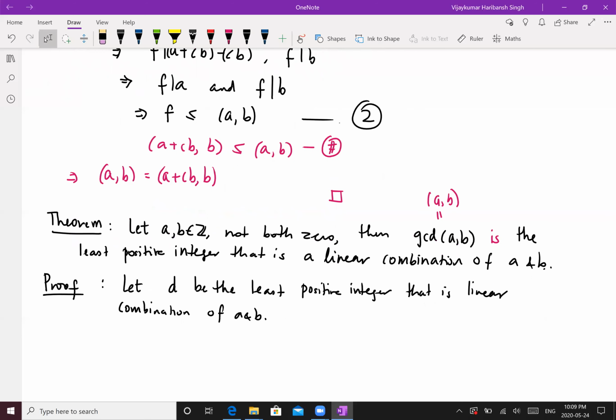So why does such a thing exist? Consider the set of all linear combinations. So let's take the set of all MA plus NB, where M and N belong to Z.